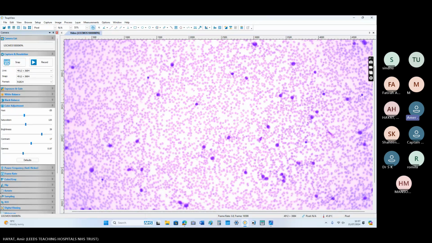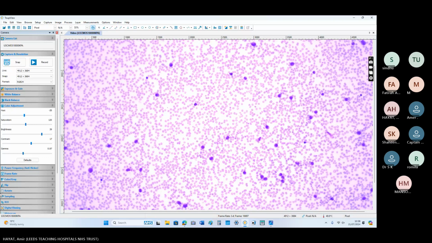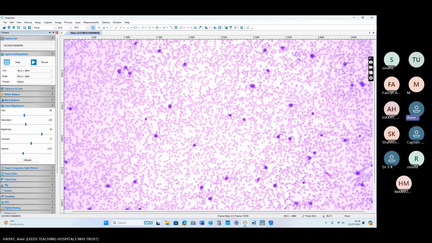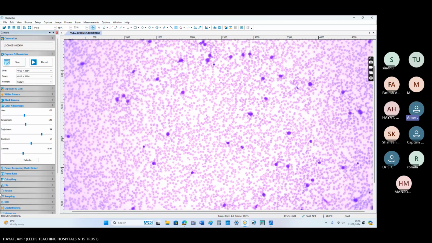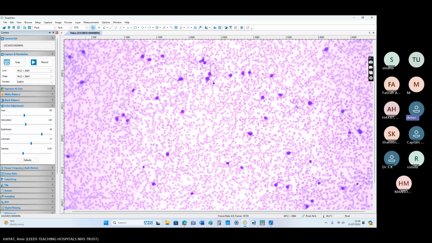The bloods were taken from the patient, and the biomedical scientist called you because he has seen some abnormal cells in the blood film and increased white cell count. White cell count is 30. So he asked you to come down to the lab and see the blood film urgently.